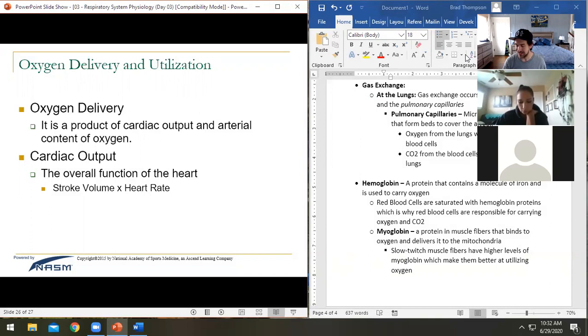The mask actually does not affect your ability to diffuse oxygen at all, because you are at the same level in the world right now. It's not like you went to the top of Mount Everest. You're standing in the same place you were before you put your mask on. So your oxygen delivery and utilization is exactly the same.